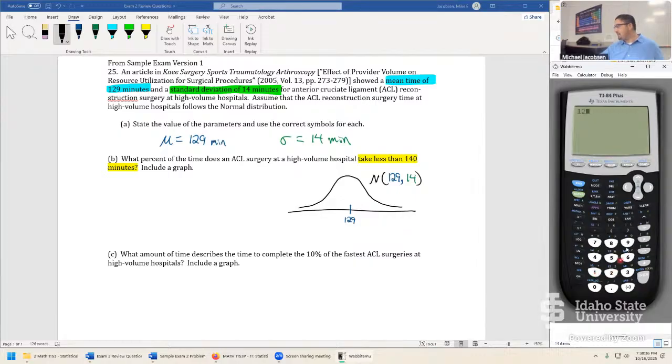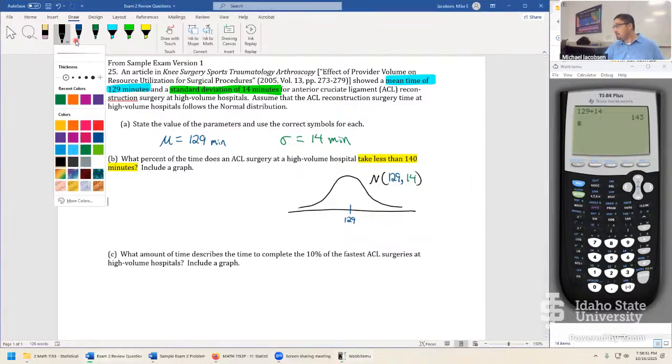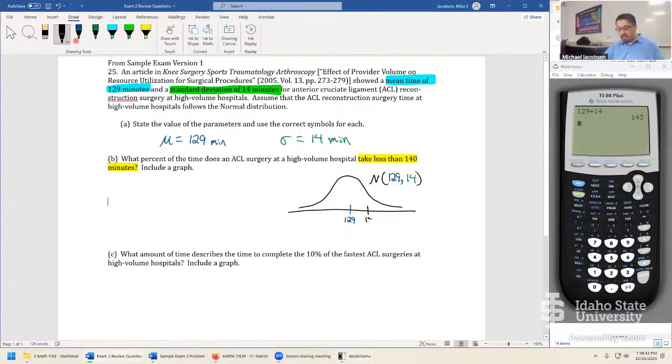I remember struggling with this last time I did this. 129 plus 14 takes us to 143. So that's about where one standard deviation would be. 140 minutes is just slightly to the left then. So here's 140 minutes. I don't necessarily have it placed perfectly, but I'll try not to be way off like we did on the extra example when we did this in chapter 5.